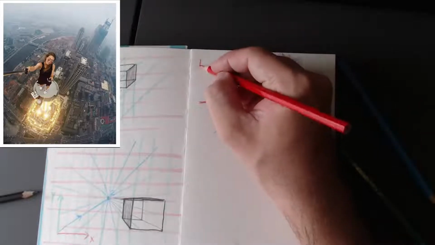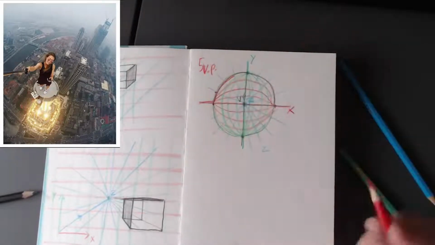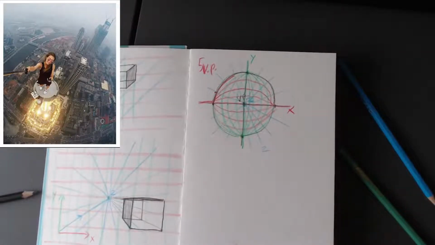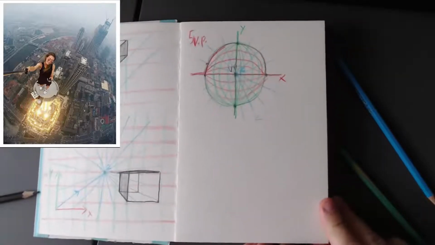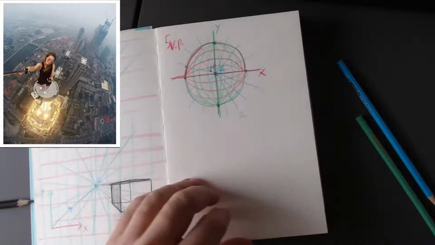So this is a 5 vanishing point perspective here, but it's not the most complex one. More complex than this is perspective like, let's say, 360 perspective.